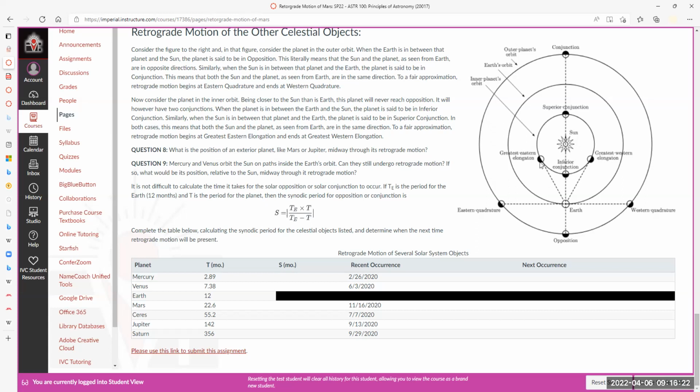So this is basically, in a nutshell, what this part is. It's predicting when the next occurrence is going to happen using the heliocentric model. So let me stop sharing and go back to the report, and share the actual report.